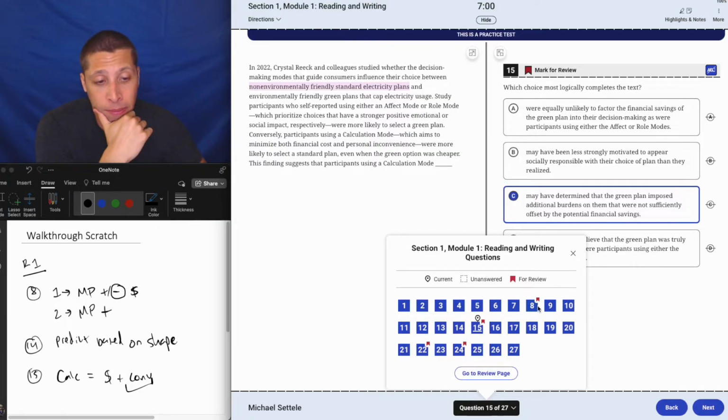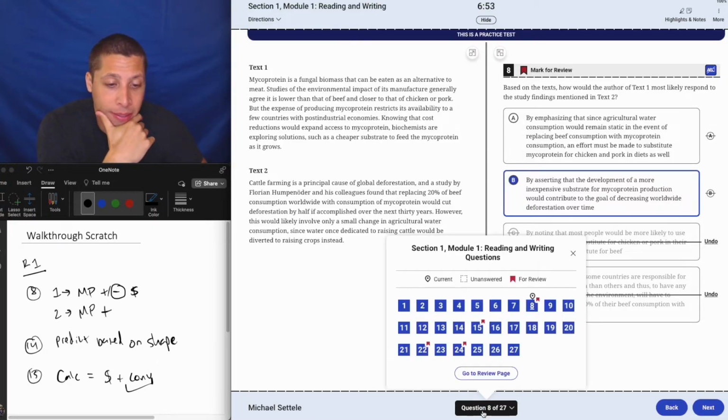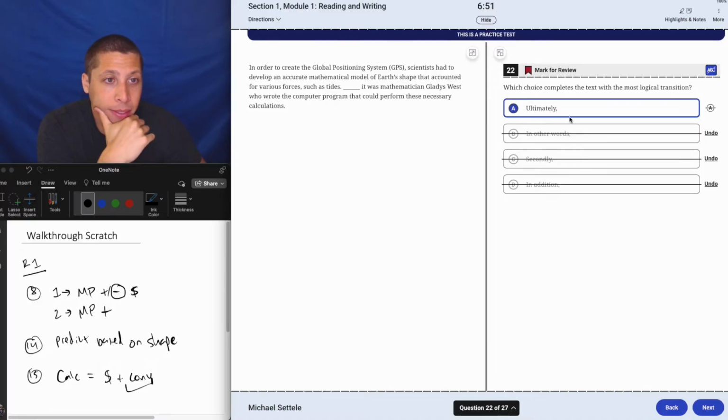At this point, if this is a real test, obviously go back and check things, but I don't. Yeah, this is correct. I don't love this one, mostly because ultimately it's such a stupid transition. It's not "in other words" because it's a different thing. It's not "secondly," because it's not like a step 1, step 2, right?